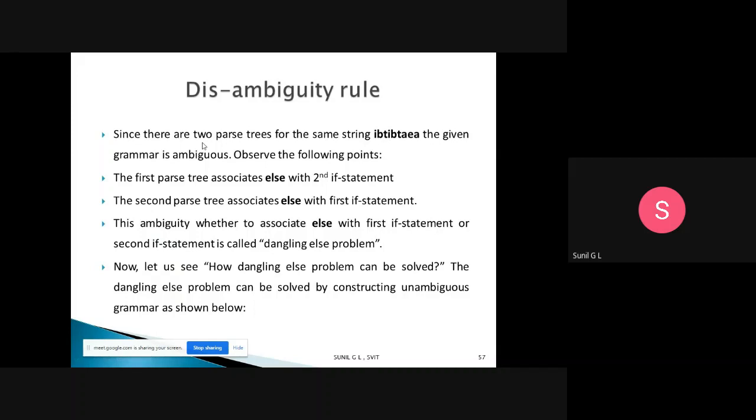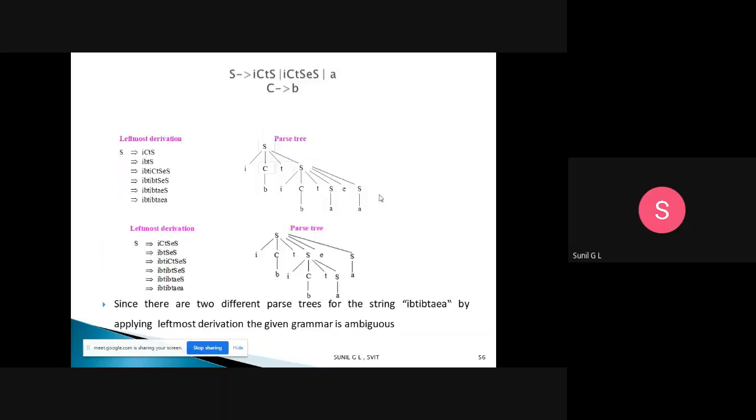Observe the following two points. In the first parse tree, the else is associated with the second if statement. In the second parse tree, the else is associated with the first if statement.